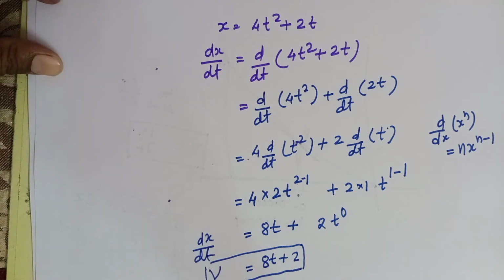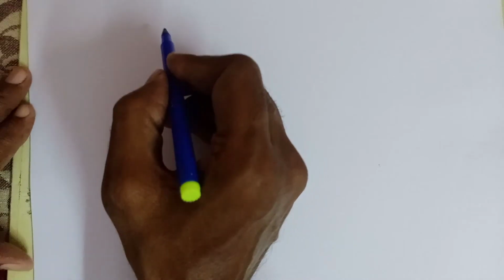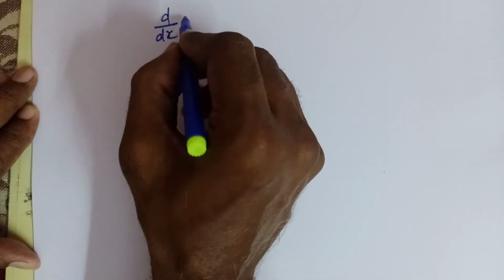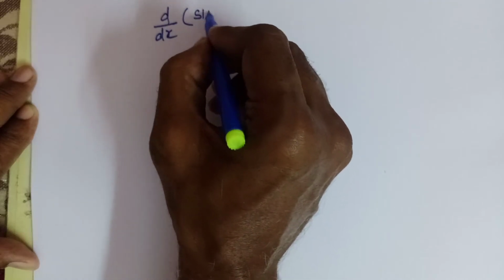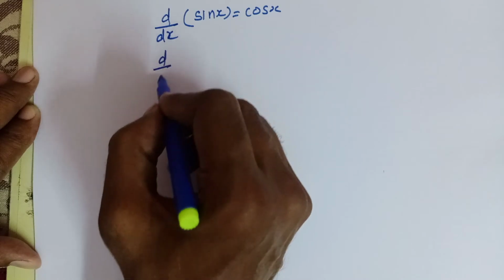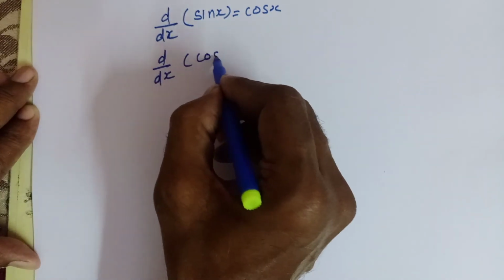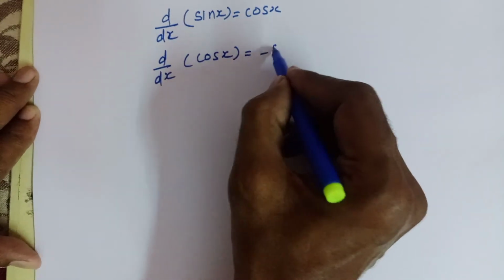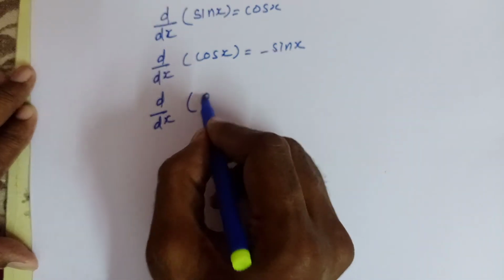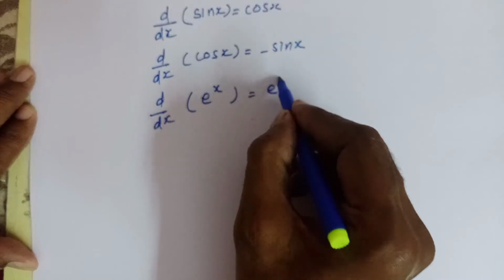And we have already calculated this. And for that we need the different types of function. Suppose the different functions are what? d by dx of sin x is cos x. d by dx of cos x is equal to minus sin x. d by dx of e to the power x is equal to e to the power x.